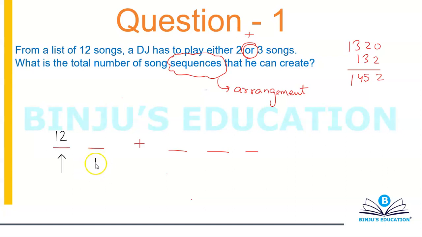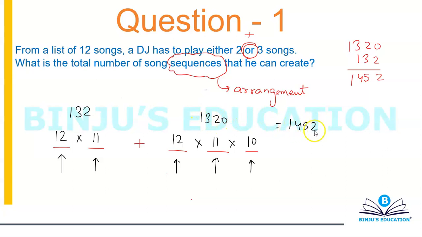Then you can play any of the 11 songs at the second position. You want the song at first and at second, and stands for multiply, so this will automatically become 132, which is again 12P2. For 3 songs you can do 12 at first place, 11 at second place, and 10 at the third place. Multiply, so this will become 1320. Again you will get the same answer, that is 1452.